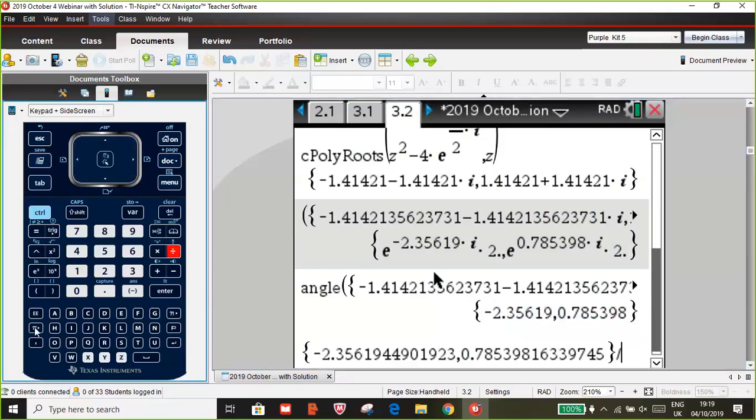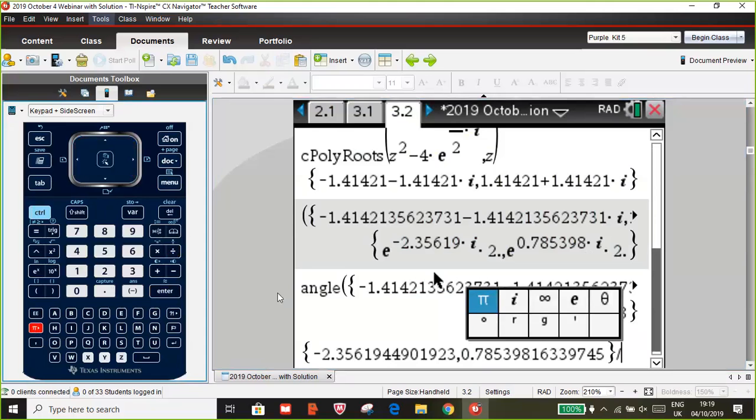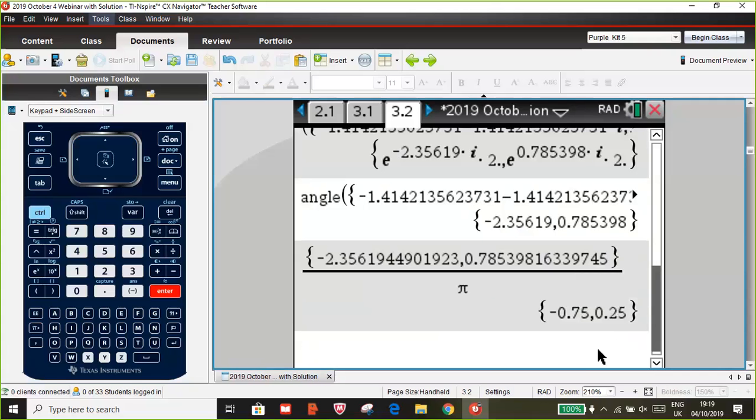Because I did it differently, let me try it here. Yes. See? So we know that one of the arguments is 0.25, the other is negative 0.75, or negative 3/4 pi and 1/4 pi.